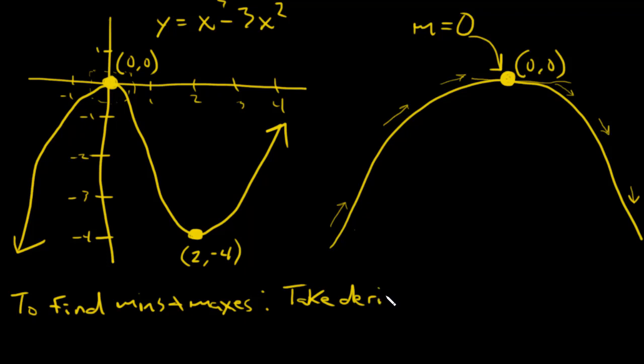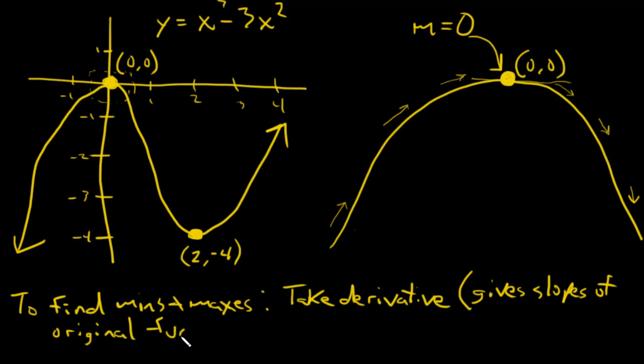What does the derivative give us? Well, the derivative gives us a function that has the slope of every single one of the points on the original function. So take the derivative, which gives the slopes of the original function, and set it equal to 0.